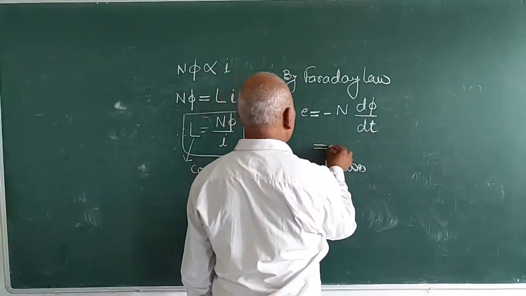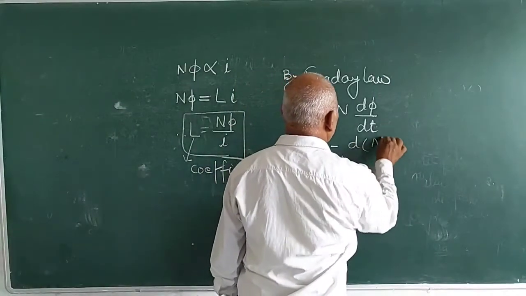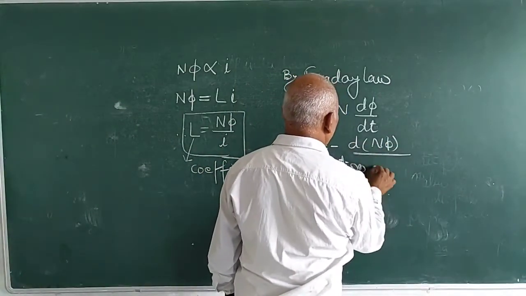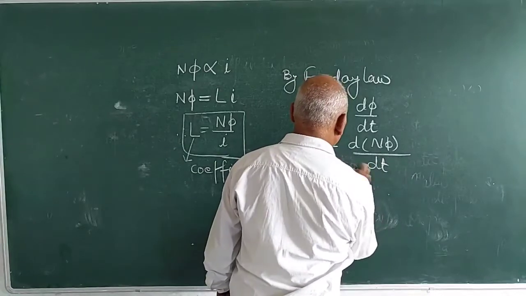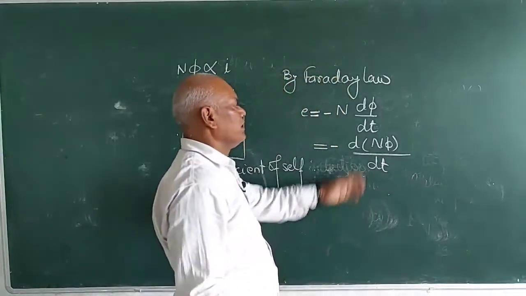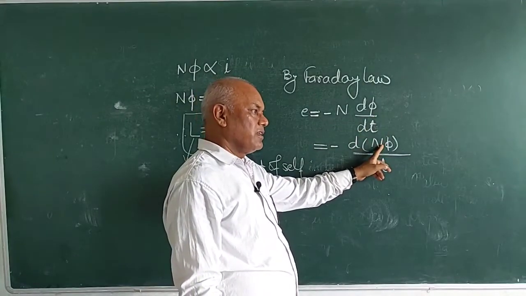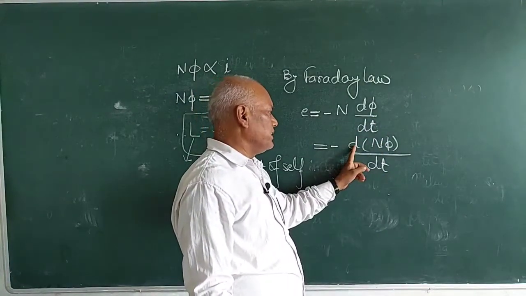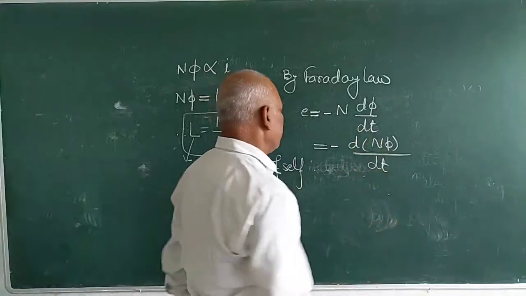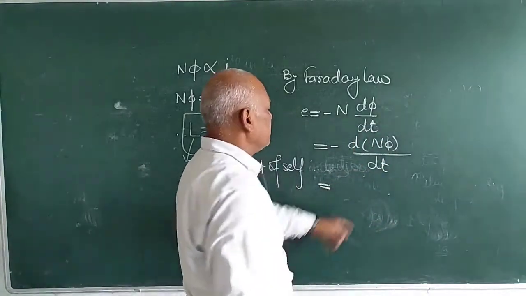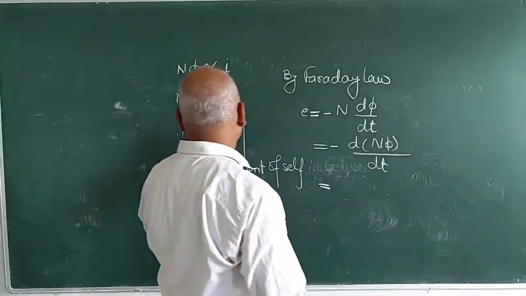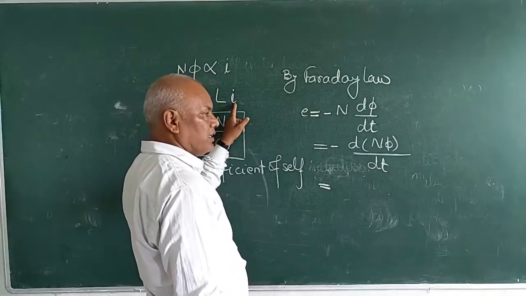This becomes minus d N phi upon dt. Here N is taken inside because it is constant. Now this is N phi, and N phi is equal to L i.